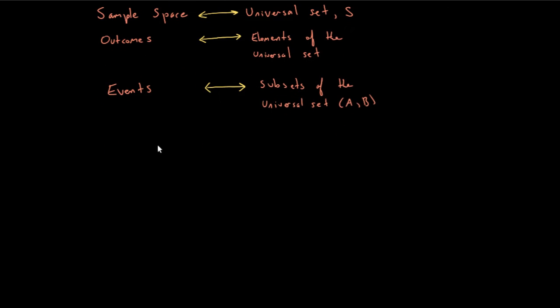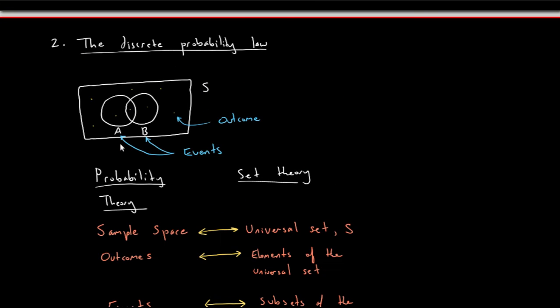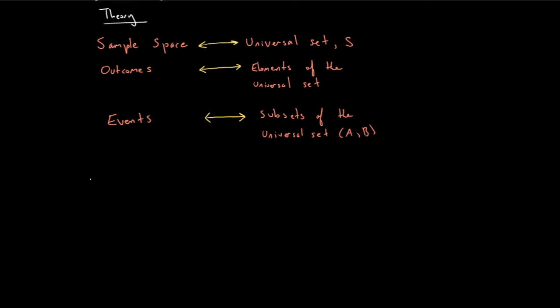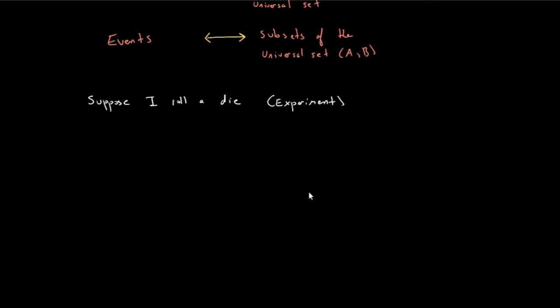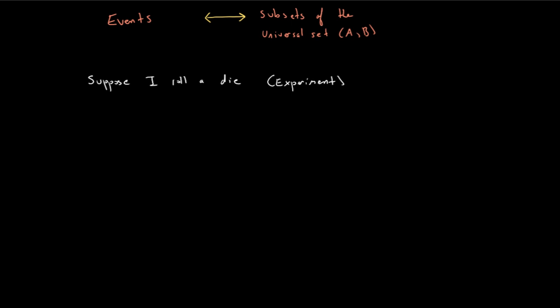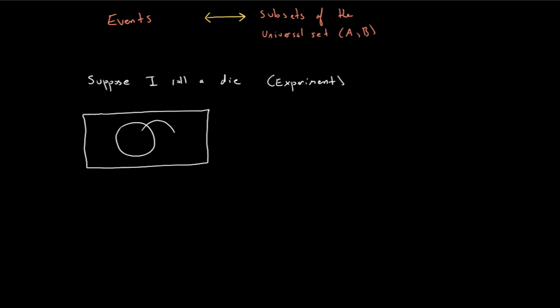But now we're going to put ourselves in a particular situation. We're going to say, suppose I roll a die. So my experiment is that I roll a die. Well, looking at this, let's draw the sample space for this, and we're only going to identify two events, okay? And again, it's common practice with a Venn diagram to start with two events.